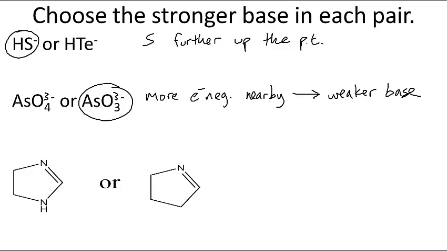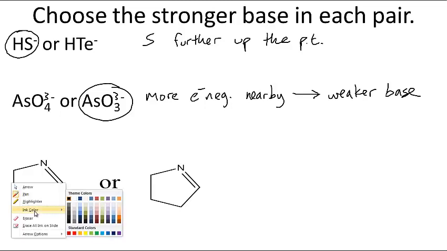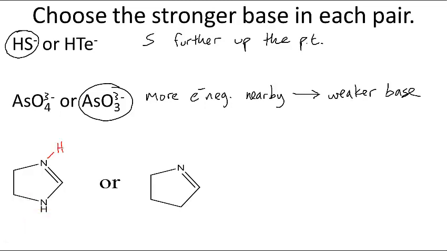But the key here is you want to look at what happens when you add hydrogen to each one. And I'll point out that if I add hydrogen to the first one, now there's an alternate resonance structure.